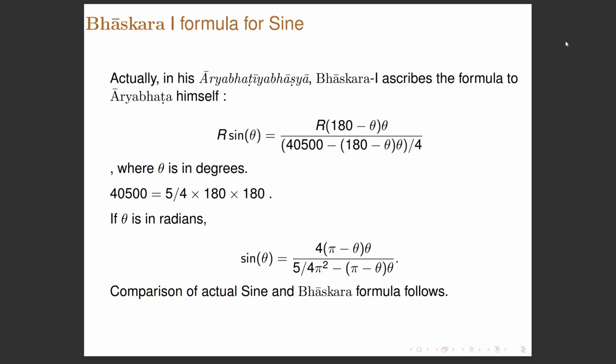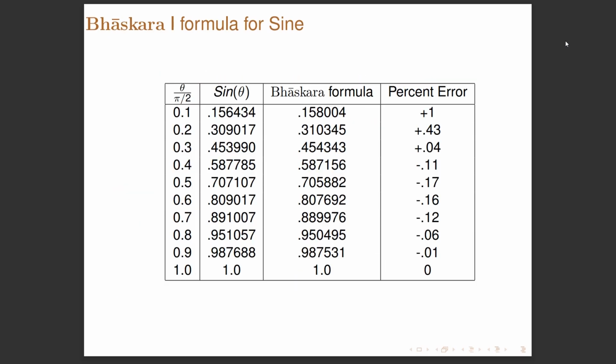But later people, if you take it as some ratio of two quadratic polynomials and make it optimal, this is what you will get. And it is amazingly accurate. The percentage error is so small; for most of the range it is 0.1%.